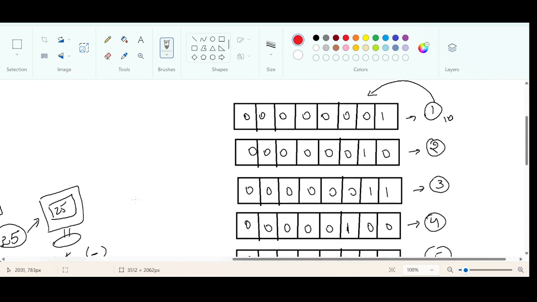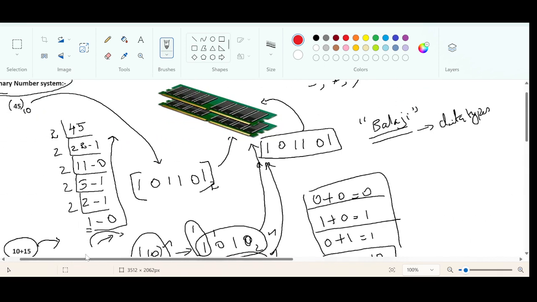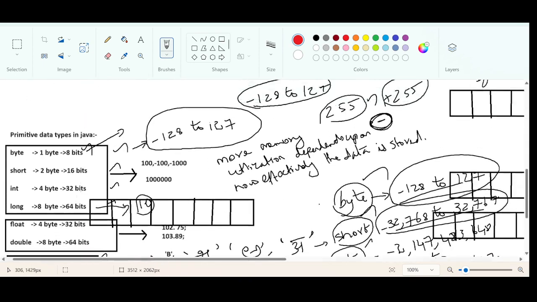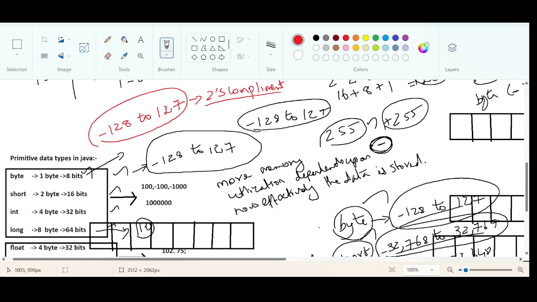We can prove that the byte data type is meant to store the values from -128 to +127. To arrive at this conclusion, we need to understand the 2's complement of a binary number. We will discuss this 2's complement of a binary number tomorrow.